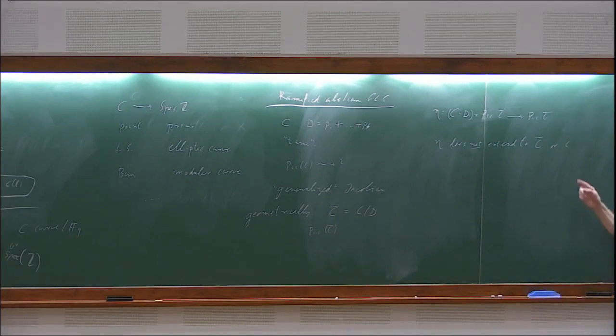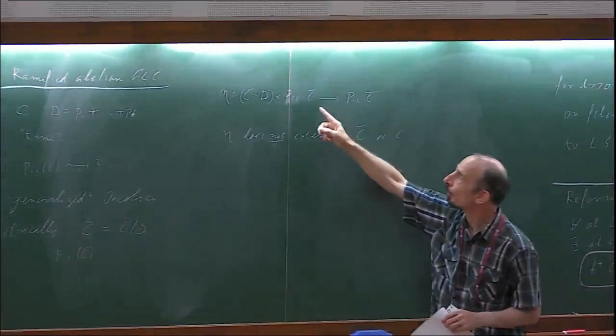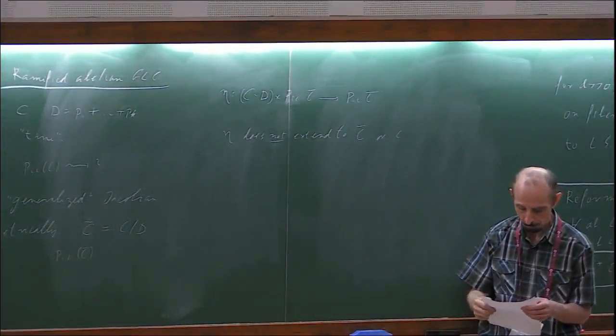If you try to approach one of the points of the divisor D, the thing goes to the boundary of the Picard of C bar.